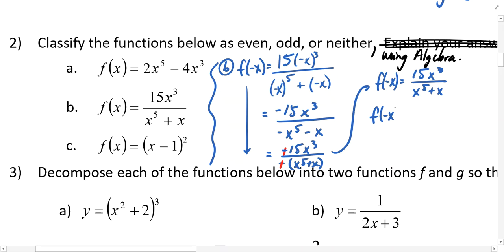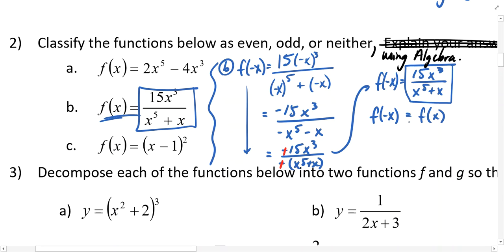And as it turns out, this expression here is exactly the same as what we started with, so therefore it is f of x. And we've just now shown that f evaluated at negative x is equal to the original function f of x. Therefore, by definition, we're dealing with an even function.